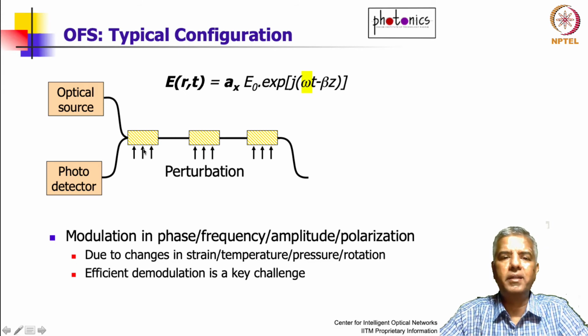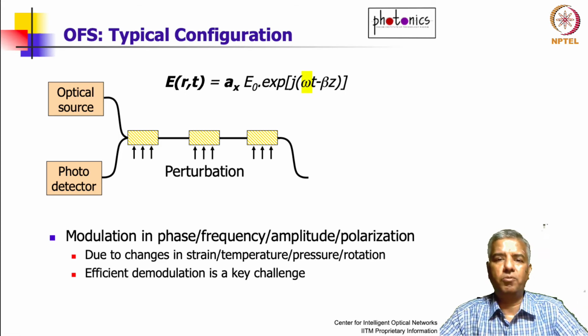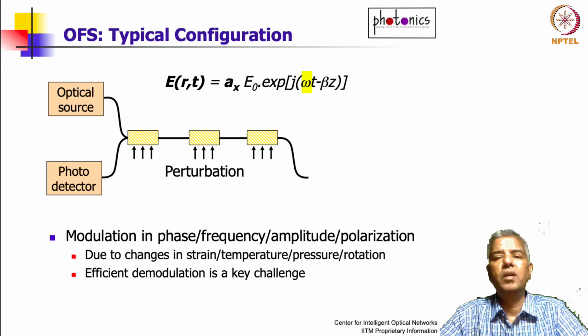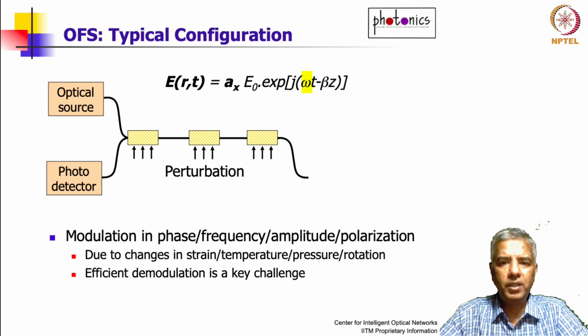Maybe it can get perturbed at some other point, and that is also changing the amplitude. So it can get corrupted. Same thing you can say about the phase or the polarization. But when you consider a frequency modulation, once you have encoded the information that you want in frequency, there is very little that can corrupt that information.